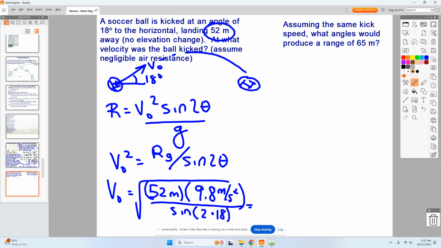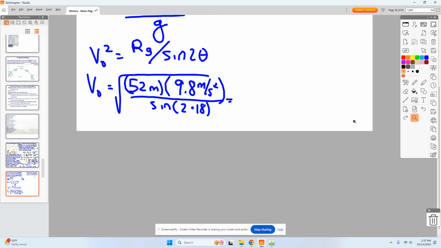And then I just go through and use my calculator for that. I would say that students are going to have trouble if you're coming from a pre-calc or a calculus class where you're in radian mode. You want to make sure that you're in degree mode when you go through and do this. So 52 times 9.8, divide that by the sine of twice that angle. So the sine of 36. And I get 866.98.